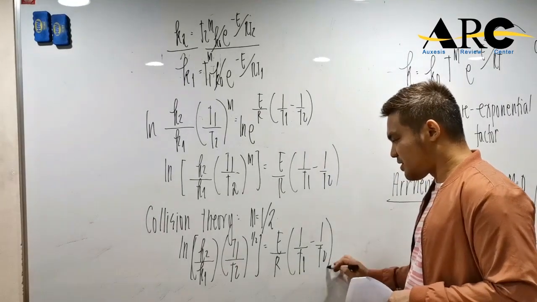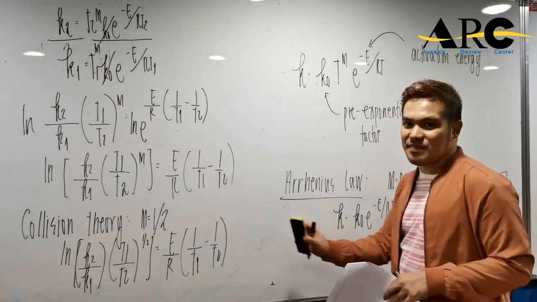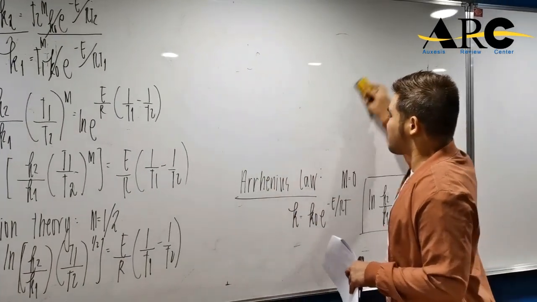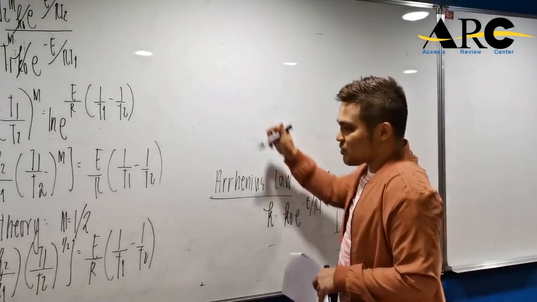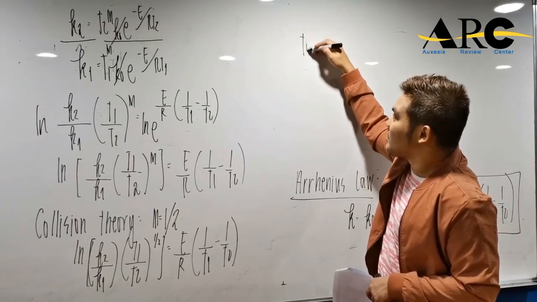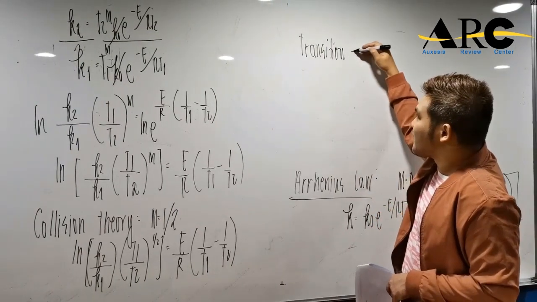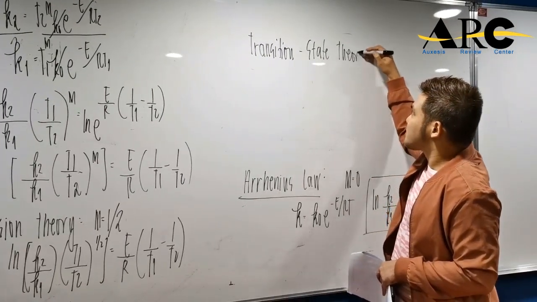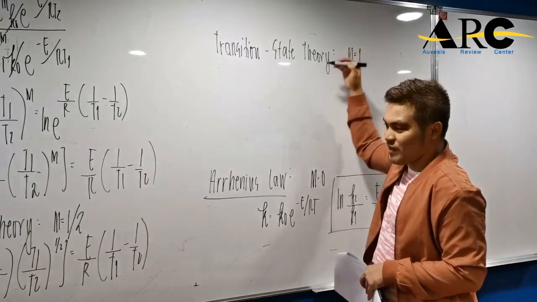1 over T2. So, another equation na ginagamit sa pag-estimate ng K once na nagbago yung temperature is the transition state theory. So, kung ang value ng M sa Arrhenius is 0, sa collision ay 1/2, so sa transition state theory, ang value ng M is 1.